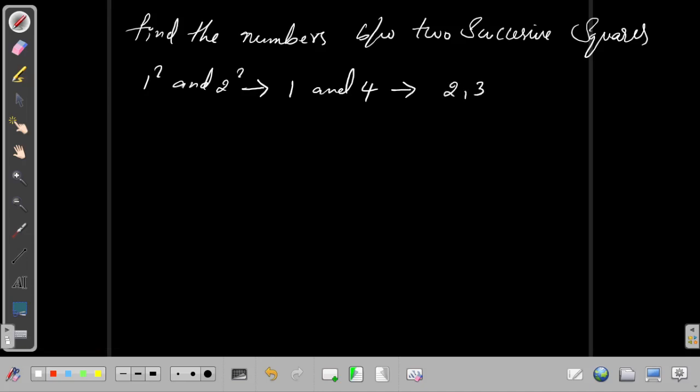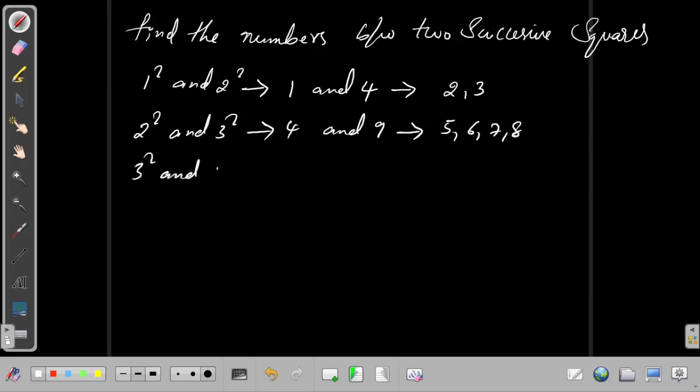Right? Next, 2 square and 3 square. 2 square is 4 and 3 square is 9. So what are the numbers that lie between 4 and 9? Those are 5, 6, 7, 8. Next, take 3 square and 4 square. 3 square is 9 and 4 square is 16, right?